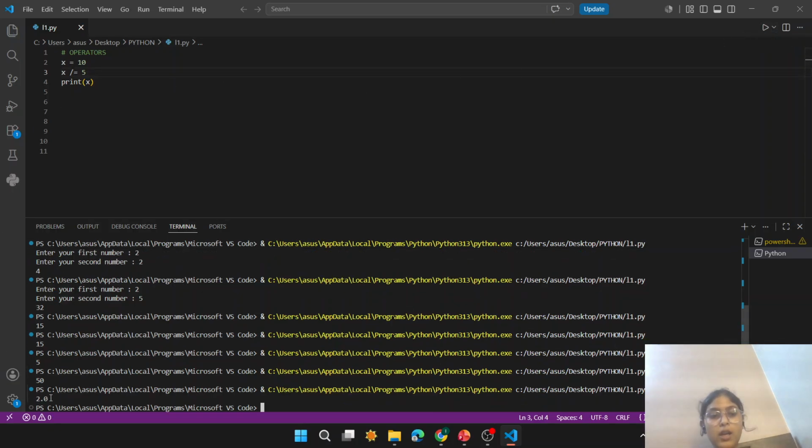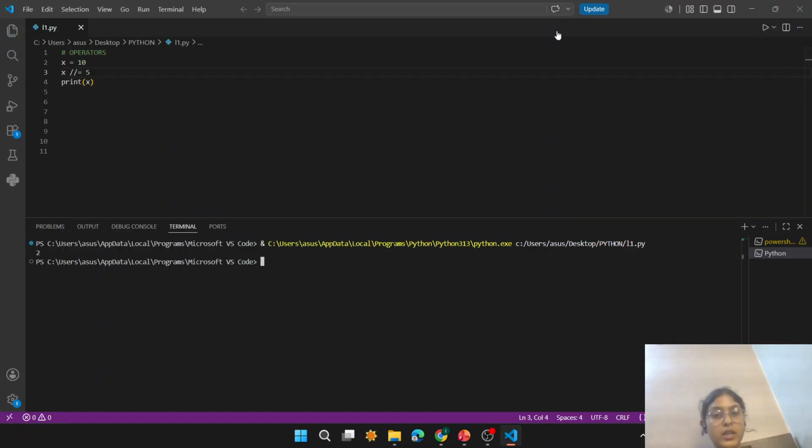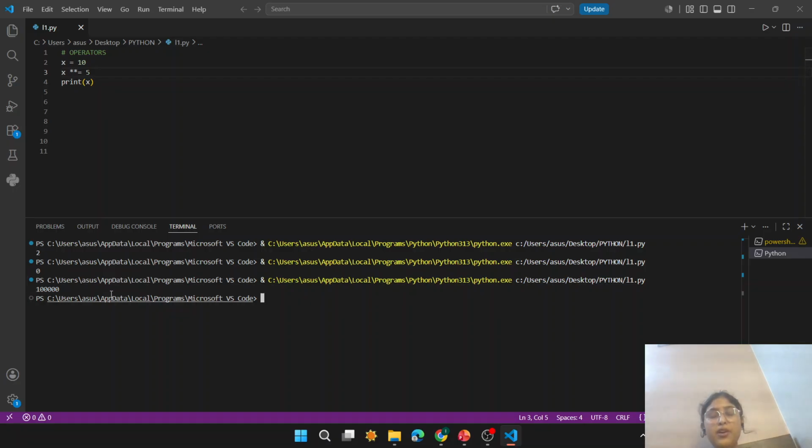Now it has been divided and has given you the decimal value, since I already told you that normal division always gives you the value as a float. And if you want floor division, then see what happens. Then you get the answer as a normal integer. Okay, you can use the modulus operator too. If there is no remainder, it's giving us 0. You can use it for exponents too. 10 raised to power 5.